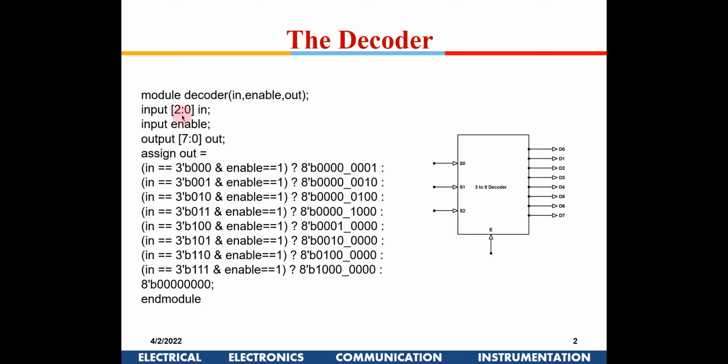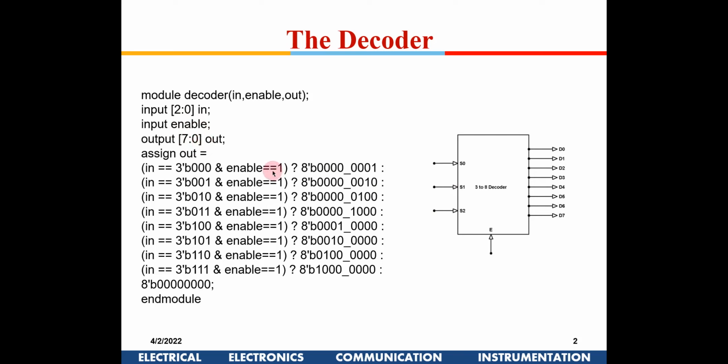So you have an input, that is a 3-bit input, and you have a single bit enable input, and the output.